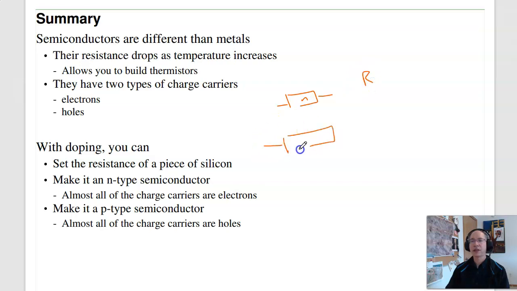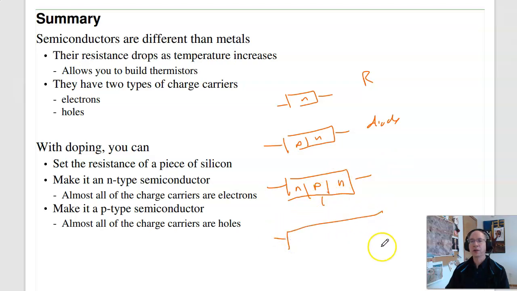If I have P-type coupled with N-type, that's a diode. If I have three of them tacked together, NPN or PNP, that's a transistor. If I have four of them tacked together, that's a semiconductor relay.